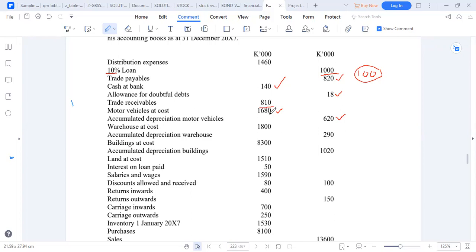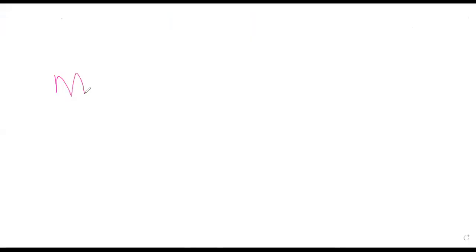But if they ask you to calculate using the reducing balance method, this is what you do. So motor vehicle, let me start again. We're told, for instance, it is 10,000. That is the cost. And they say the accumulated depreciation on the motor vehicle is 2,000. There are two types of depreciation that you're going to calculate.